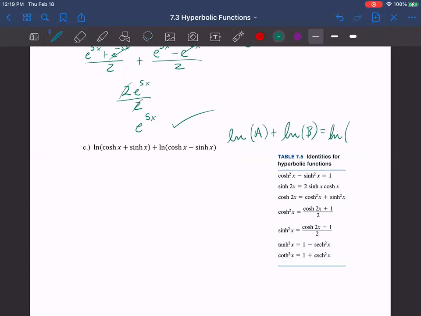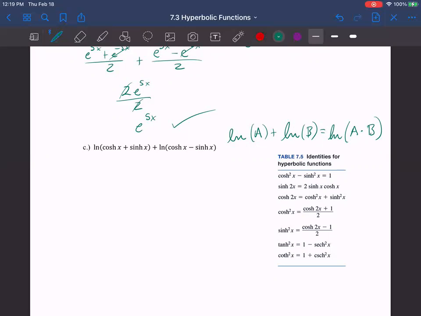If it was subtraction, it'd be A divided by B. Think about it. When you multiply two exponentials together, you end up adding the exponents. So here, if we're adding the two logs, we end up multiplying what we're taking the log of. You can go through and do that proof if you don't remember it.